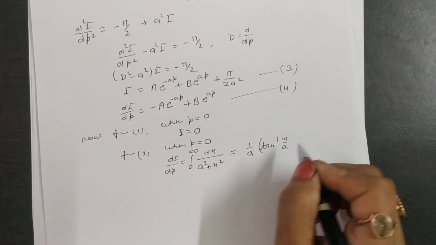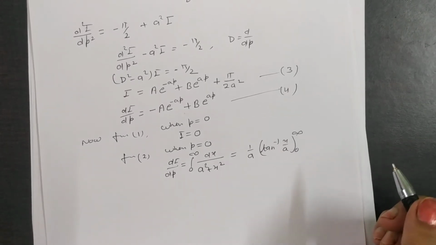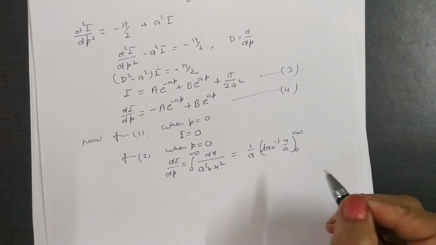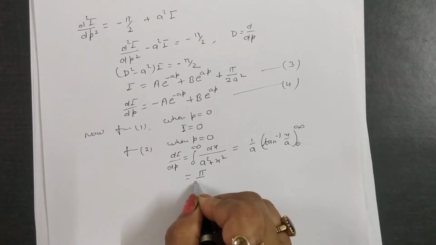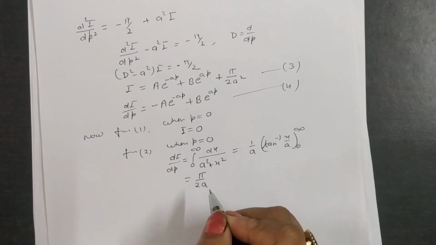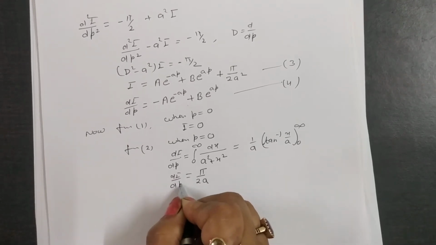Okay students, taking the limit 0 to infinity, you get pi by 2, so the value is pi by 2a. Clear? This is dI by dp.